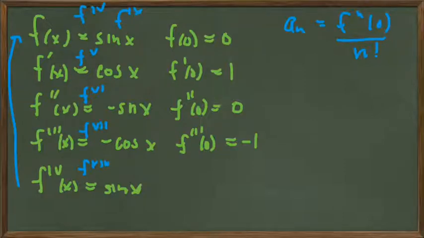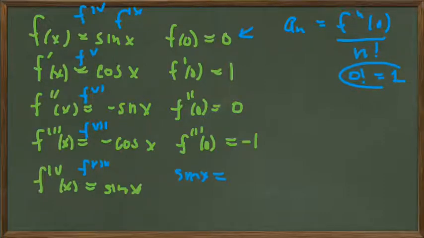So f, f prime, f double prime, f triple prime, f4, which is repeated again, then f5, f6, f7, f8, f9, etc. So what does sine x become? So it's a0, which would be f of 0 over 0 factorial. Remember, 0 factorial is defined to be 1.